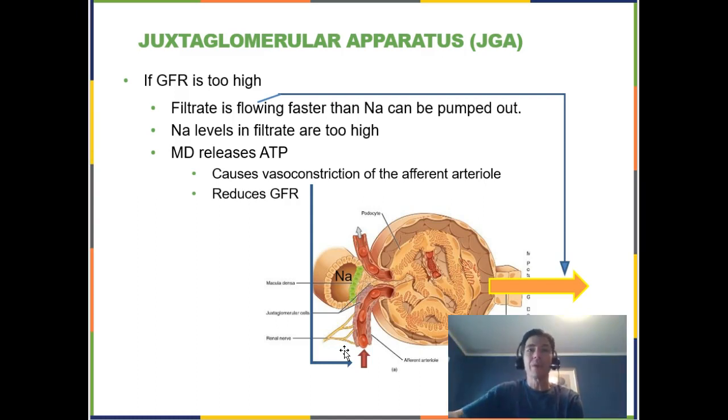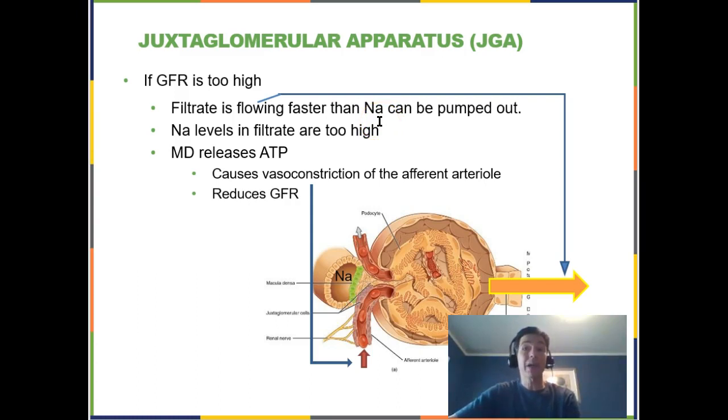So let's say for whatever reason your GFR has gotten too high, or your kidneys need more time processing the filtrate. So if your filtrate is flowing faster than it's supposed to, or faster than your nephron can handle, this means that there is less time for sodium to be pumped out.